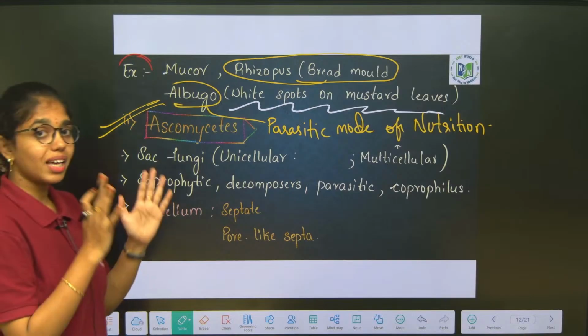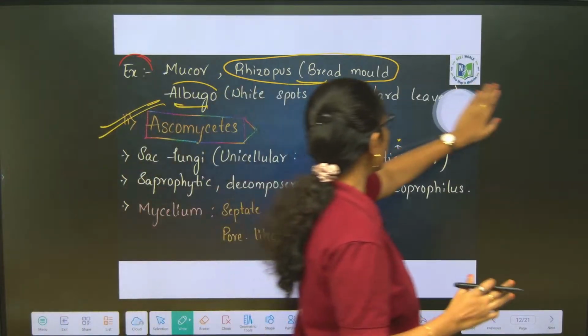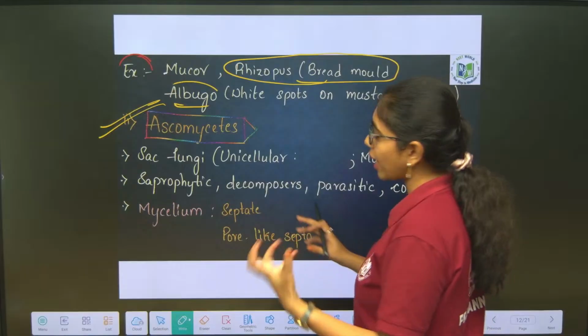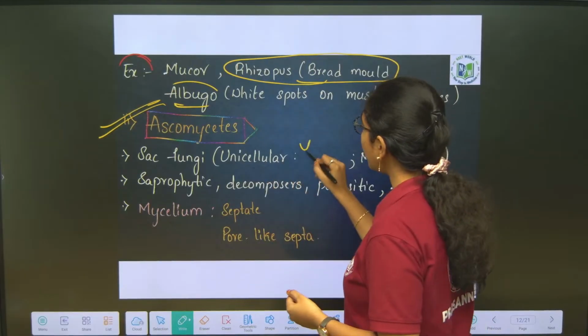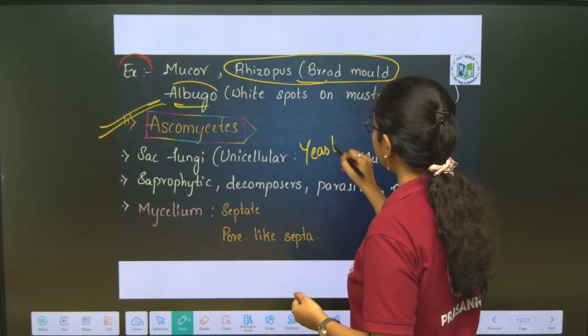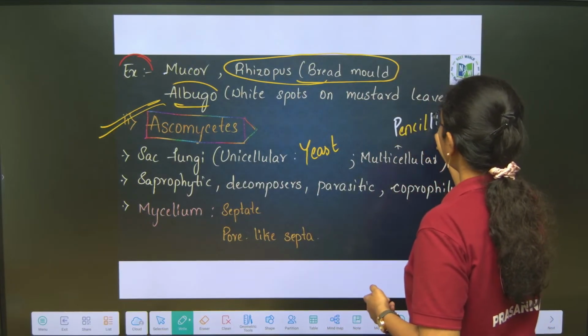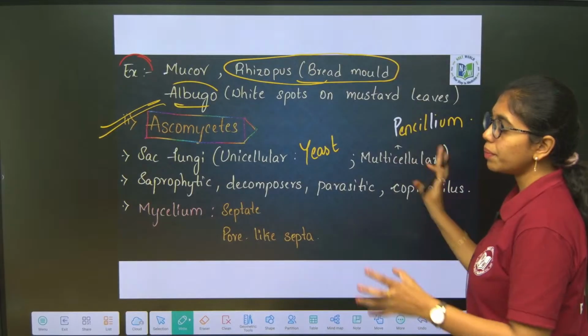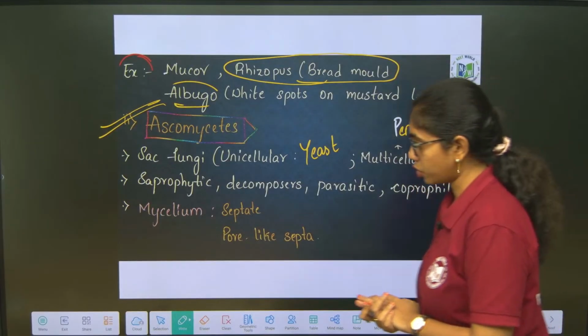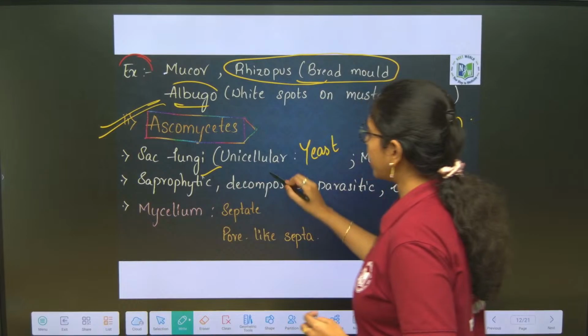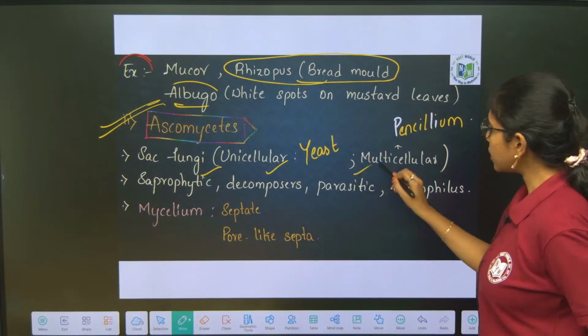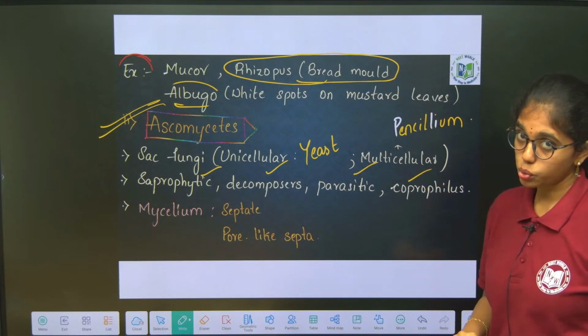Ascomycetes show great variation in morphology, with a high variety of species from unicellular yeast Saccharomyces cerevisiae to multicellular penicillium, claviceps and all. So, this will be the diversity in its morphology, ascomycetes. These are saprophytic, decomposers, parasitic and coprophilous as well.